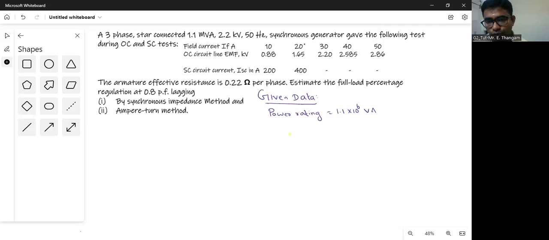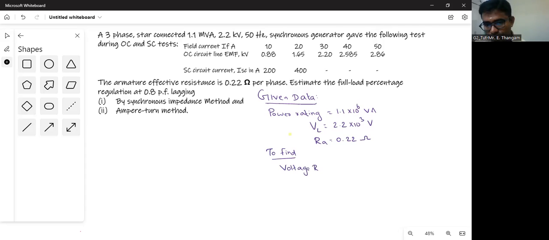The line voltage of the machine is given, 2.2 into 10 to the power 3 volts. Then the frequency value is given. The armature effective resistance RA is given, which is equal to 0.22 ohm, right? They asked us to find our objective. What we need to calculate here is the voltage regulation.